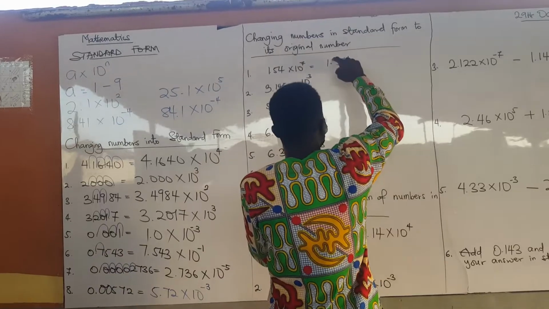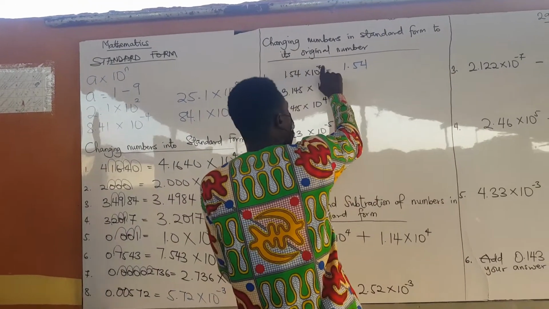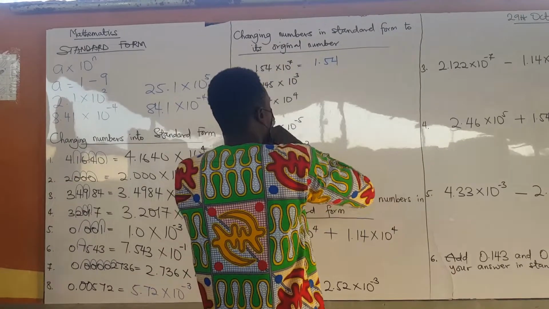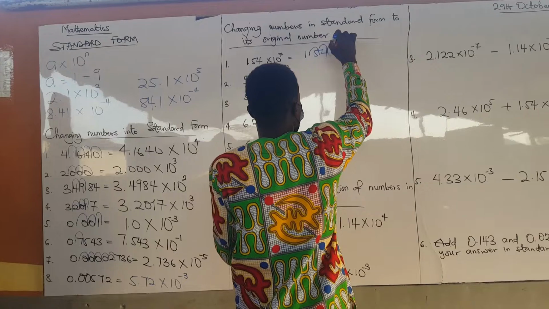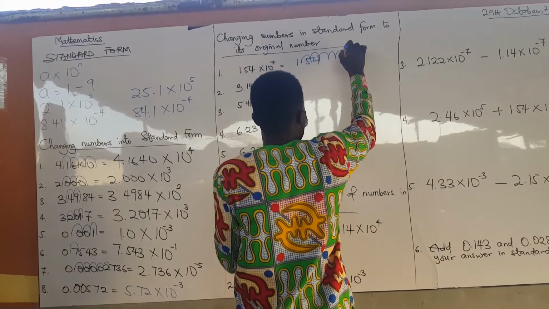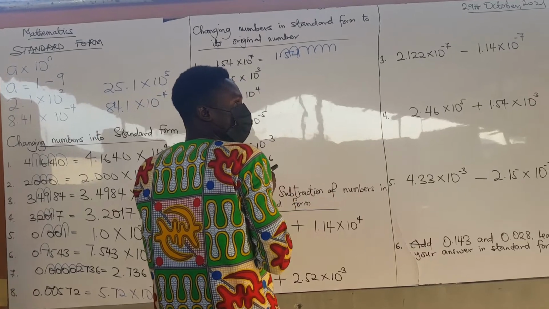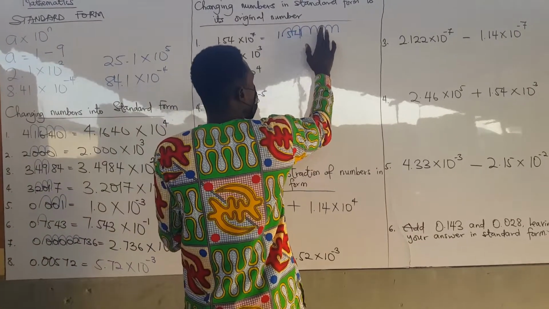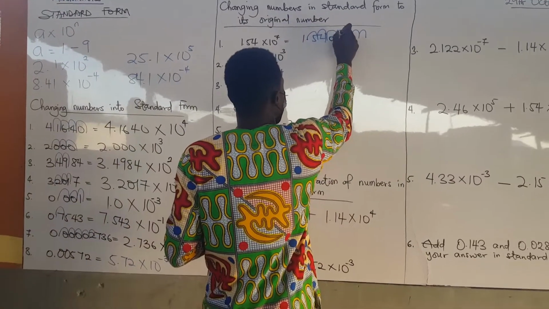So I'm going to move to my right 7 times because the power of 10 is 7. So from the decimal point, 1, 2, 3, 4, 5, 6, 7. Now, the places where there are no numbers, we are going to replace them with zeros.